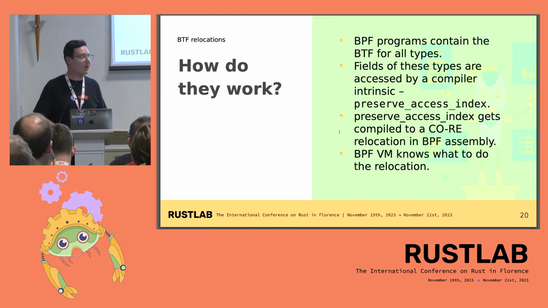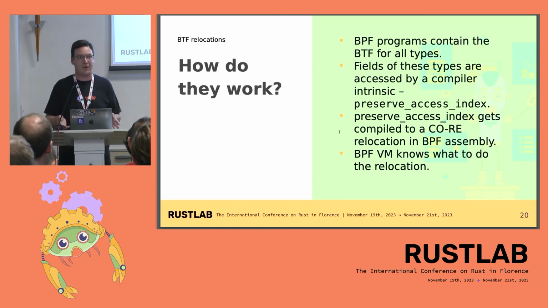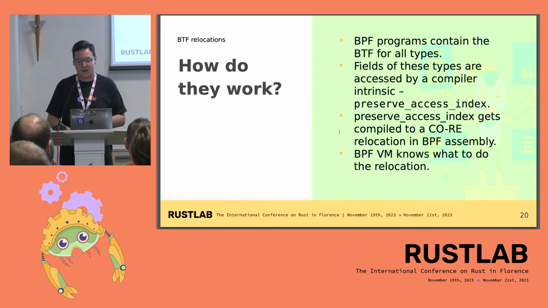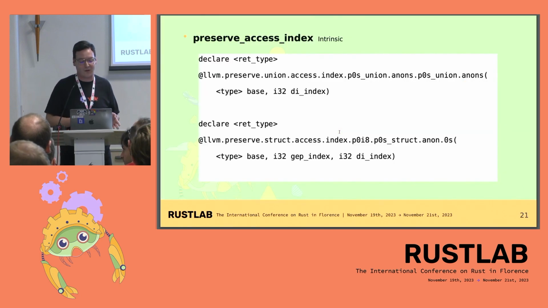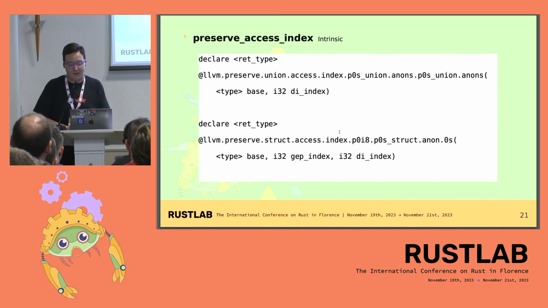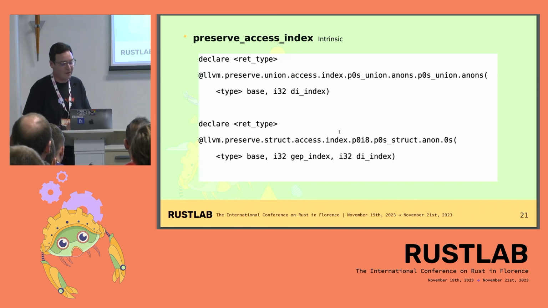So when we have this debug information, LLVM has an intrinsic. It has a function which you can call in LLVM IR, and it's called preserve access index. And its signature looks like this. There is a separate version of the intrinsic for union and for struct, and also for arrays there is one.